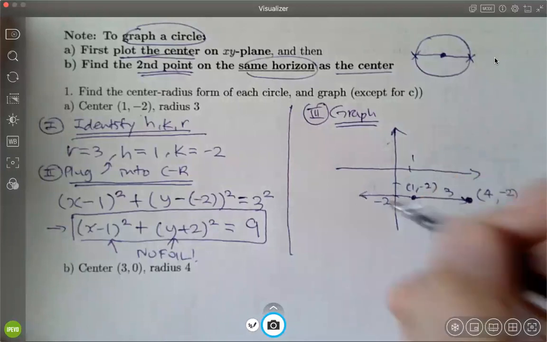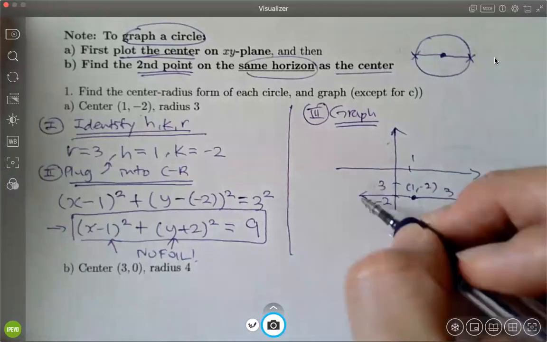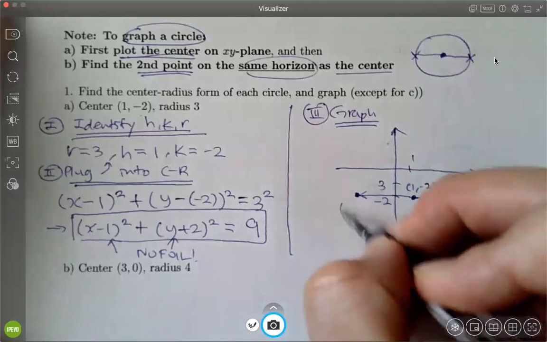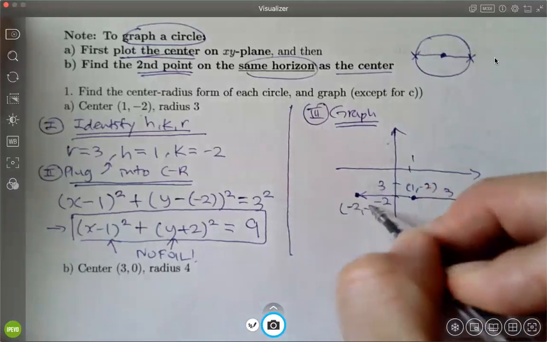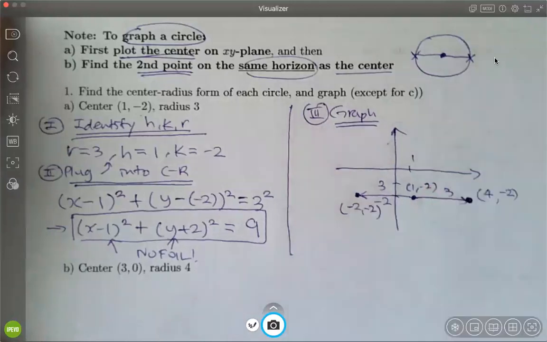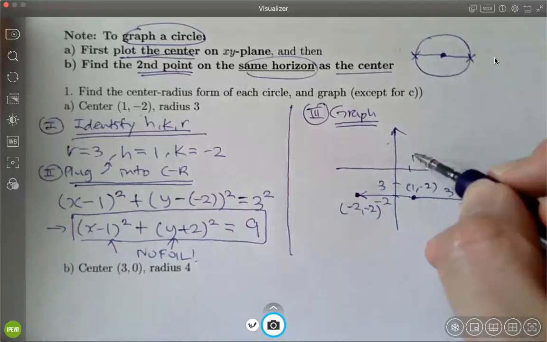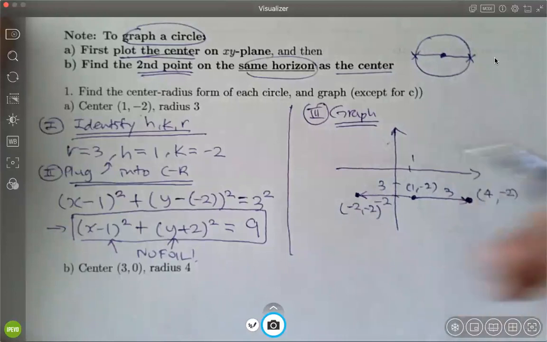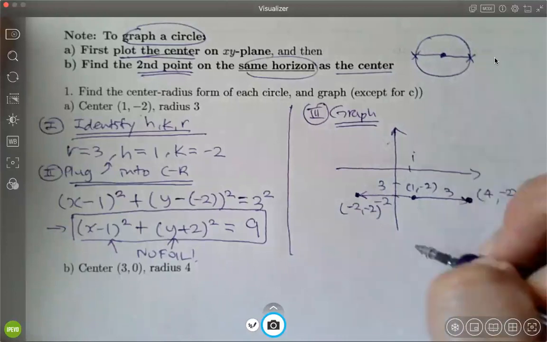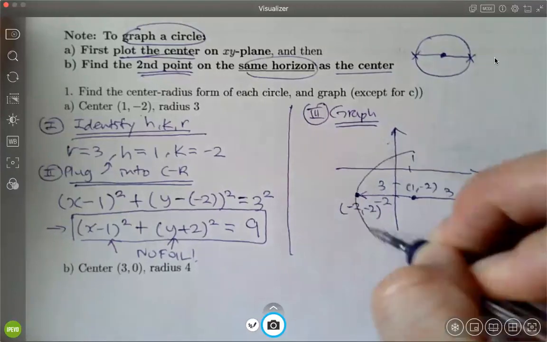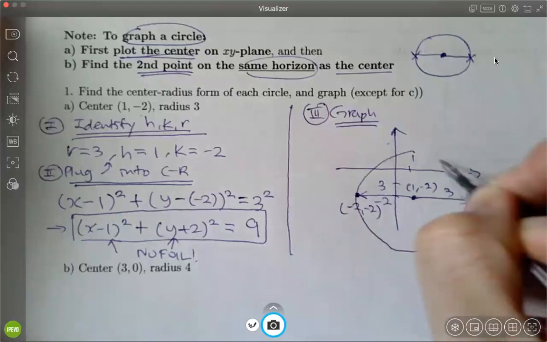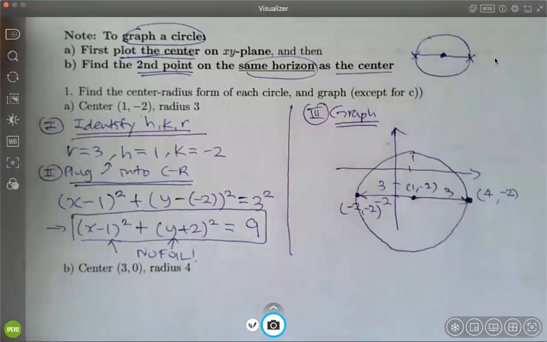Oh yeah, it's fine. Then where are you? Negative 2, right? Because you subtract 3 from 1. Okay, but of course you can go up or down like this. So let's see, how does the circle look like? Whatever, something like this, right?